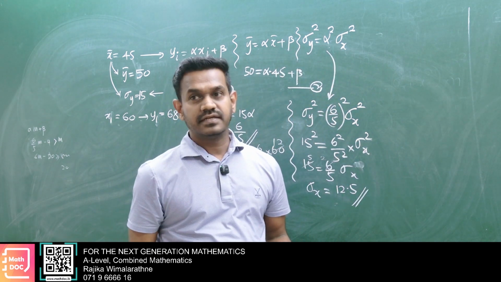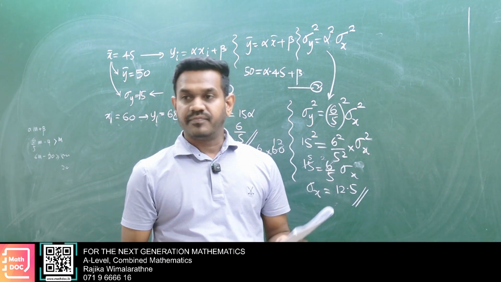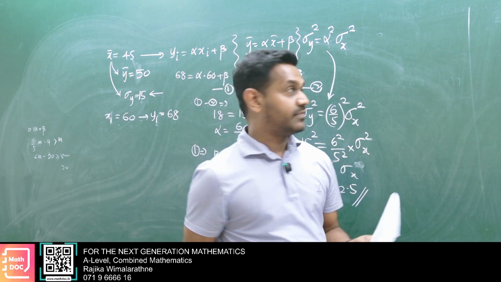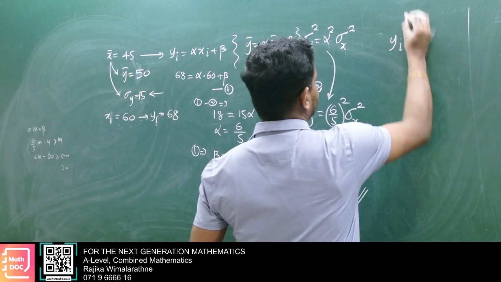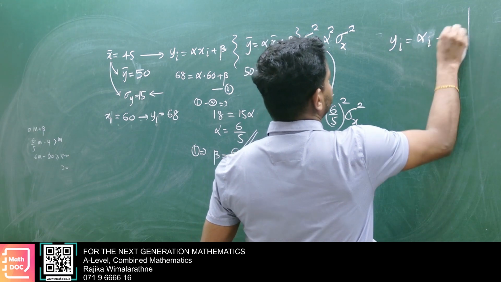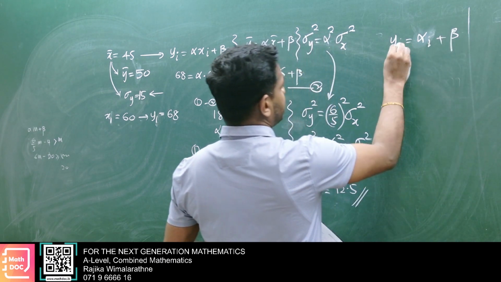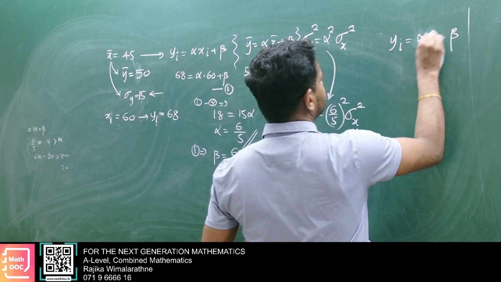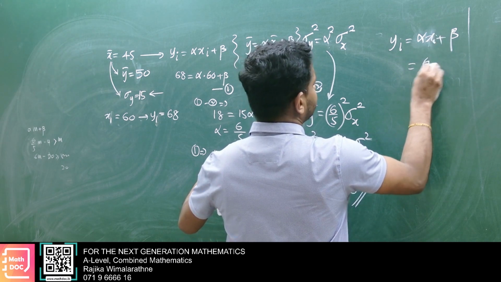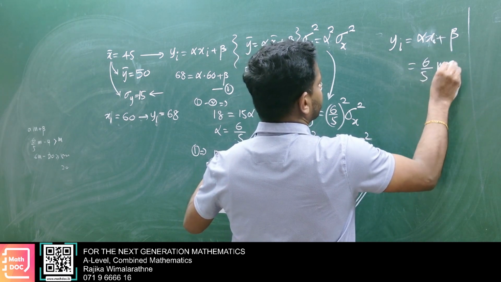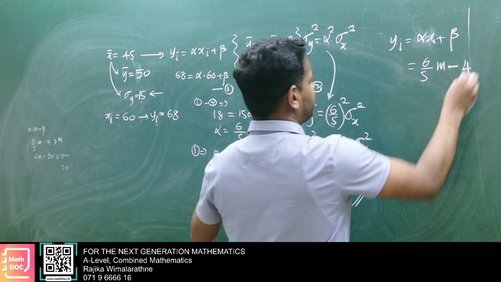Here the linear scale is yi = alpha xi plus beta, so alpha is 6 over 5 times M, beta is minus 4.